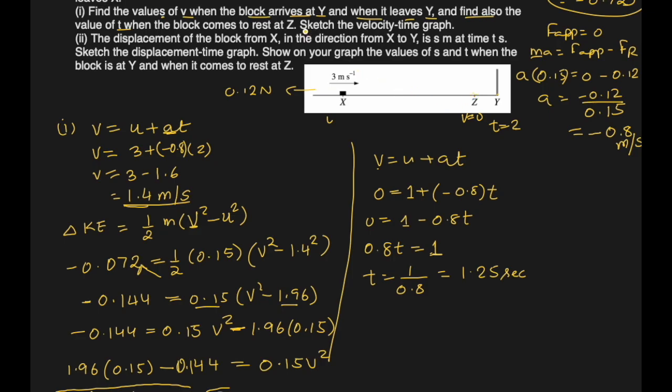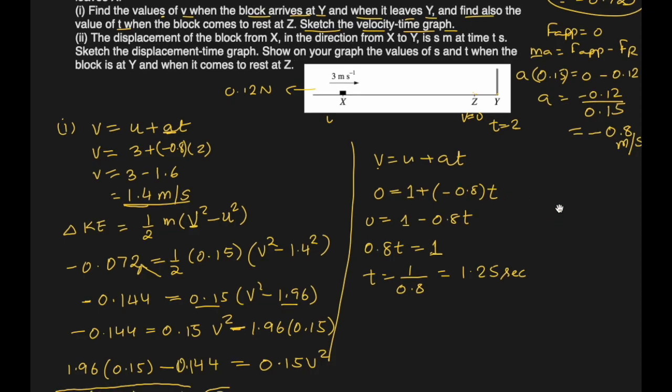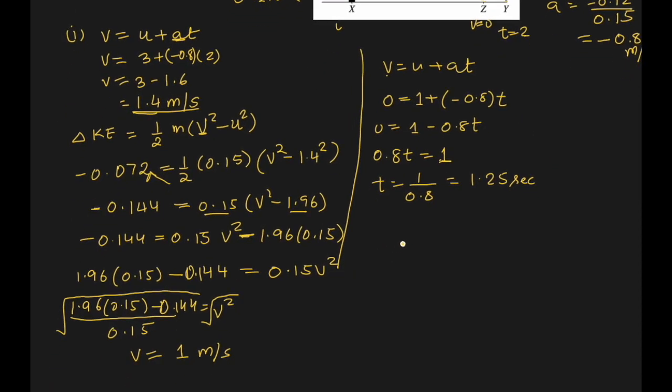Finally, we have to sketch the velocity time graph for this. I will try to draw it as well as possible. I'll draw it freehand, but in your exams, you need to be very careful about this. So this is t, this is v. Let's say this is 1, this is 2, this is 3, and this is 4.